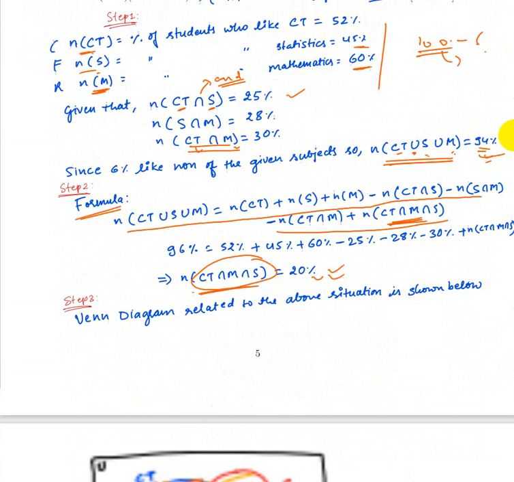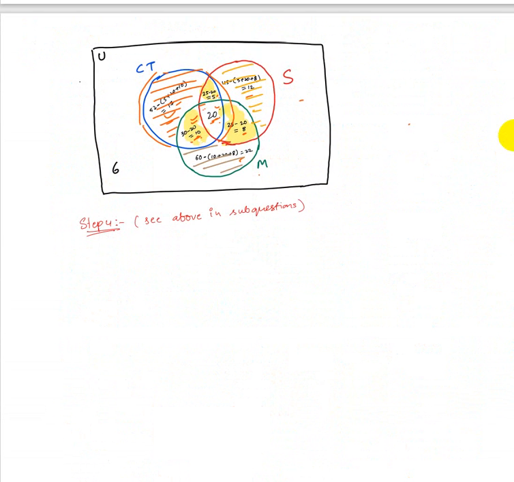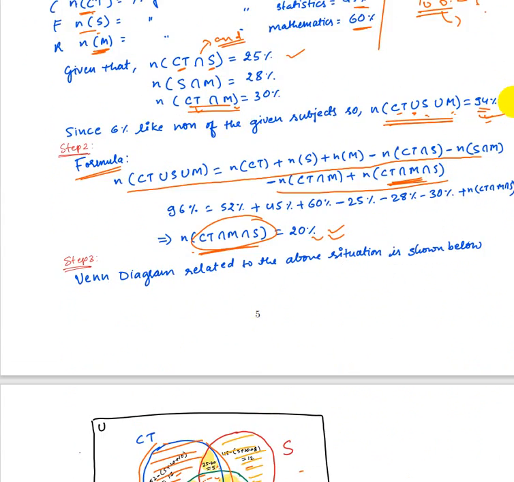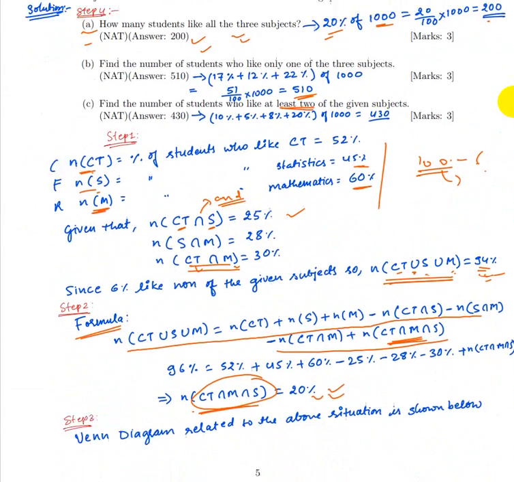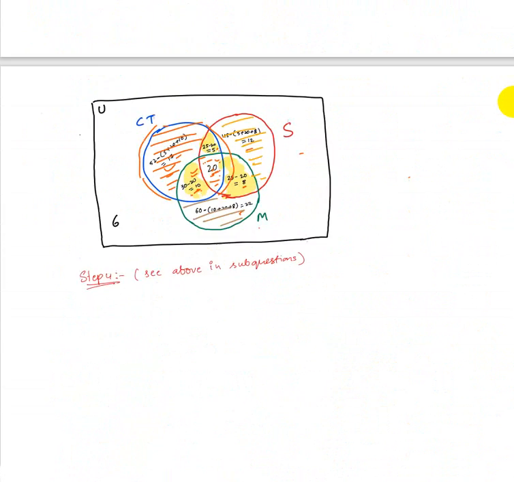And why is 20 there? Because it says at least two, that means there can be three subjects. So the intersection of all three sets, which is 20, will also be added. So 10 plus 5 plus 8 plus 20 of 1000, which is 430. Moving ahead.